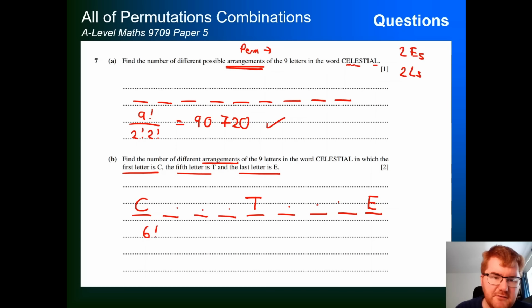So 6 factorial. Do we have any repetitions within these particular slots? Well, E is not now repeated anymore, but we do have an L, so we do need to divide by 2 factorial for the L's, and that will then give us 360 arrangements for our 2 marks.